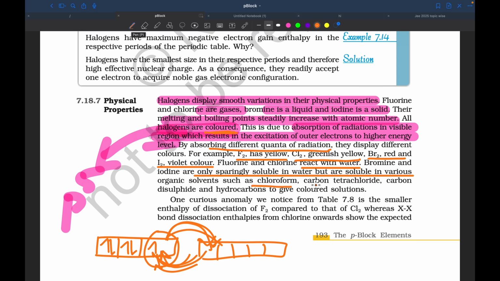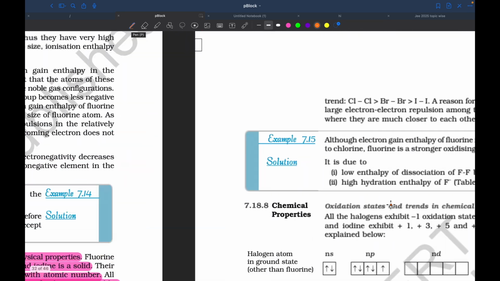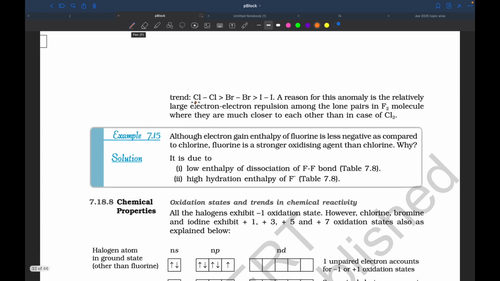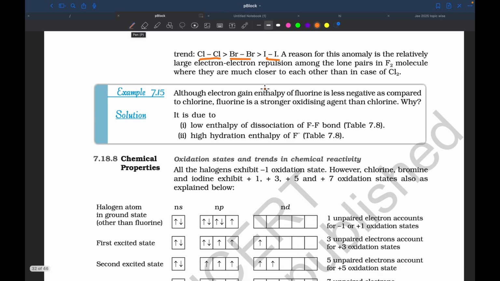Solvents such as chloroform, carbon tetrachloride, carbon disulfide, and hydrocarbons give colored solutions. One curious anomaly we notice from the table is that the enthalpy of dissociation of F2 is smaller compared to chlorine, whereas the X-X bond dissociation enthalpy from chlorine onwards shows the expected trend. So chlorine followed by bromine followed by iodine is the order of the trend.